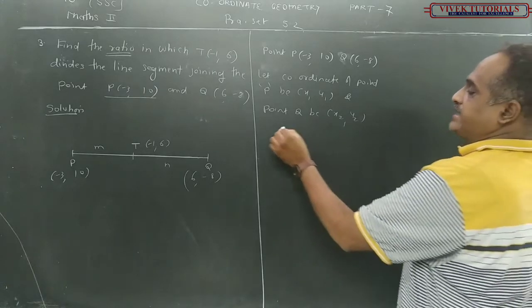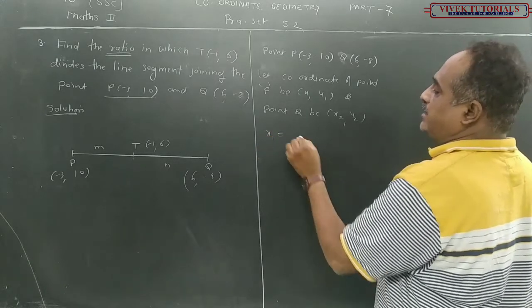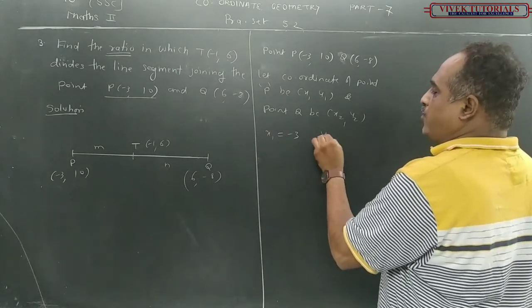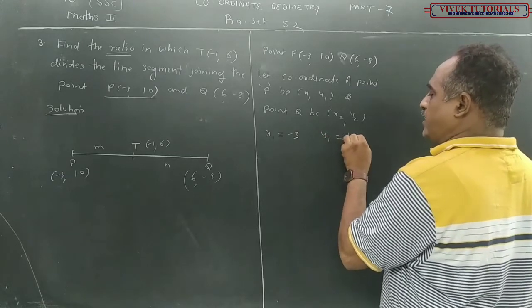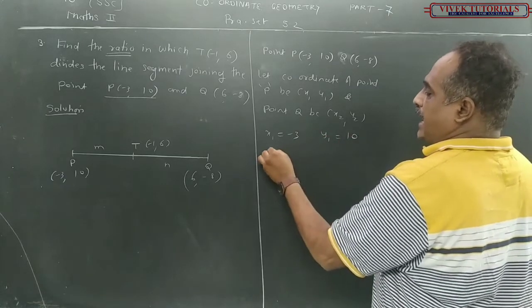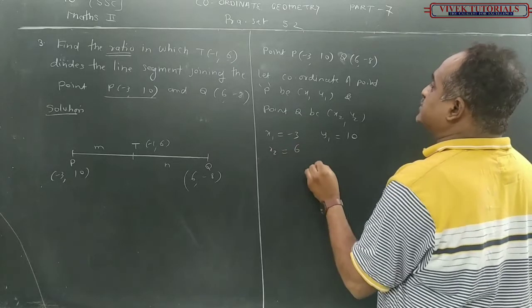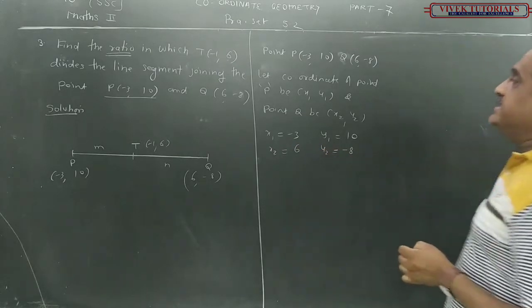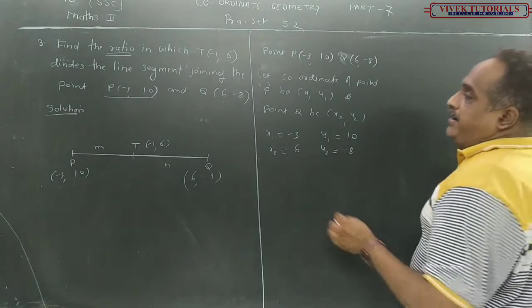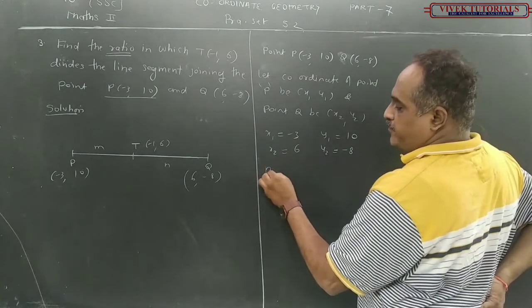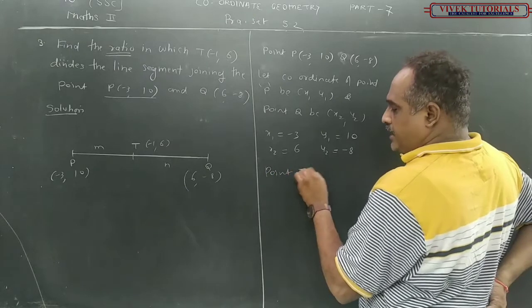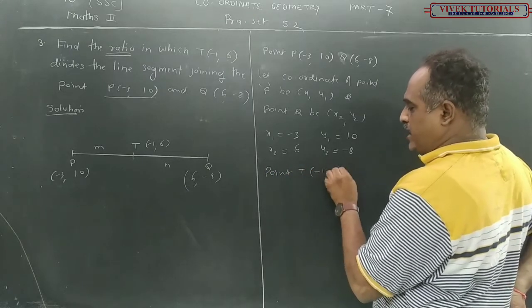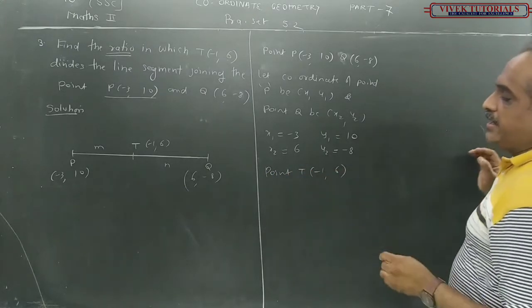So x1 is nothing but -3, y1 is equal to 10, x2 is equal to 6, y2 is equal to -8. And point T is (-1,6), correct?